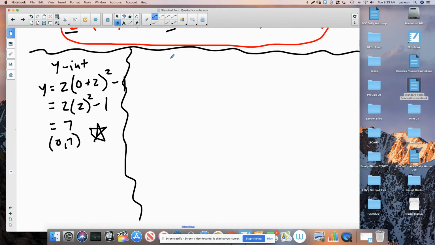Let's talk about x-intercepts. This is going to get weird, so lock in. The x-intercepts are the value of x when y equals 0. Now we do have an unknown in this problem, and we have to solve for x. So we go about that by getting rid of our floating constant first.